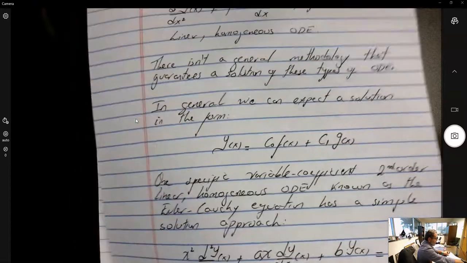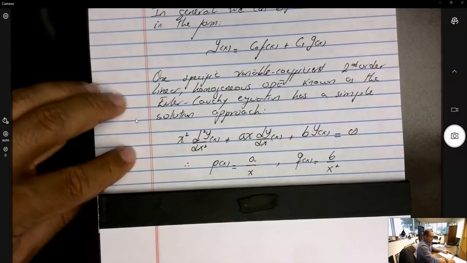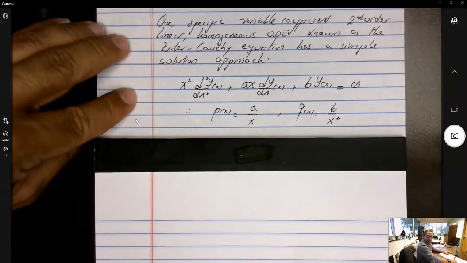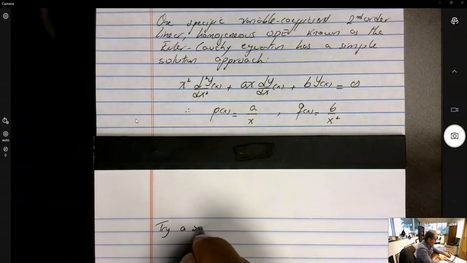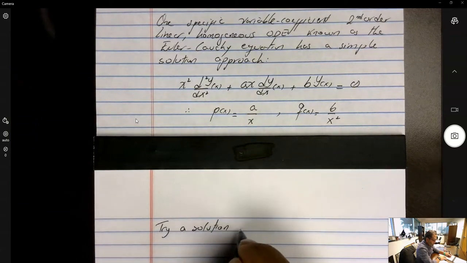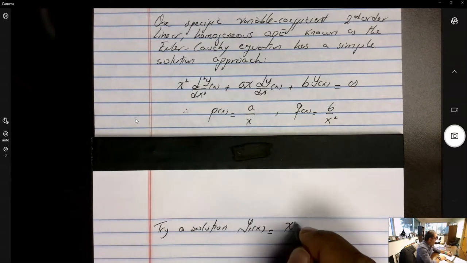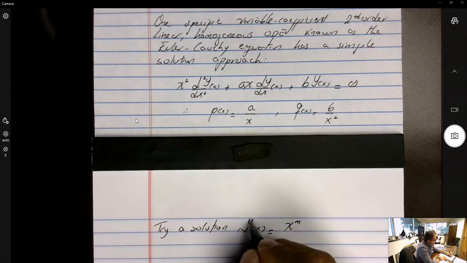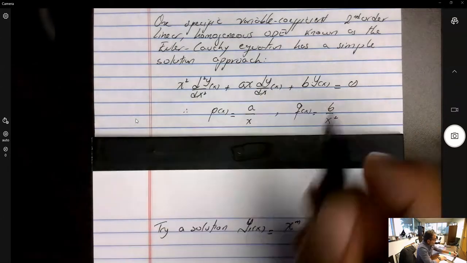So if the equation happens to look this way, then we can attempt a trial solution. So try a solution y1 of x, and we're going to call it y1 because it's not the only solution, as you'll see in a minute. It's a trial solution. And if we try a solution x to the m, we're going to see if x to the m works here.